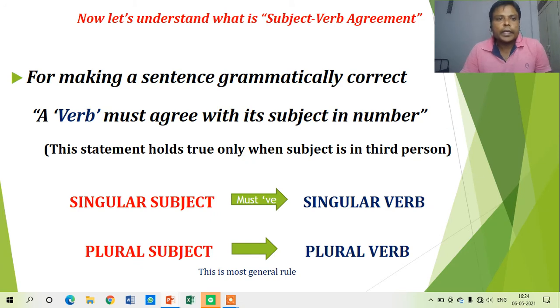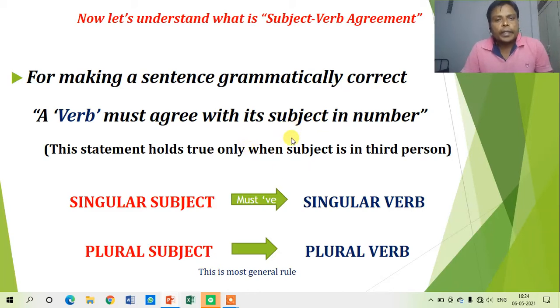Moving to the next slide. Now let's understand what subject verb agreement is. For making a sentence grammatically correct, a verb must agree with its subject in number. आपण असं म्हटलेलं आहे की जेव्हा आपण एखादं वाक्य लिहितो तेव्हा ते व्याकरणीय दृष्ट्या योग्य असण्यासाठी जो व्हर्ब आहे त्याचं सब्जेक्टसोबत योग्य ॲग्रीमेंट असलं पाहिजे.